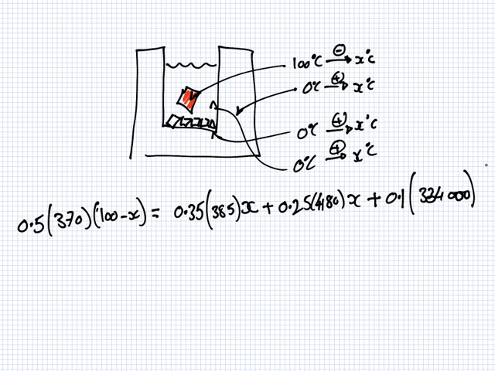I think they made a mistake. That's way too small. I thought the latent heat of ice was 334 kilojoules, like 334,000. What did I give you in the lesson? I mean it's the same.